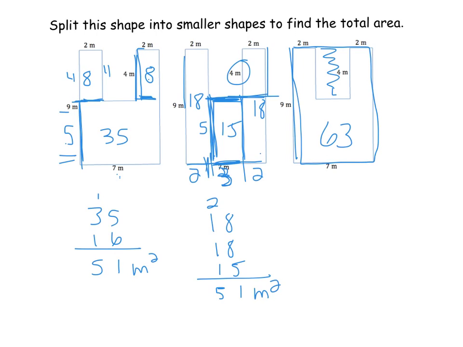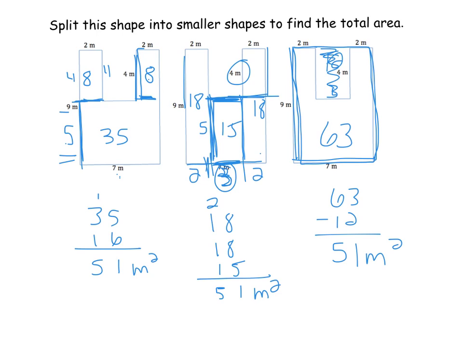So 4 times 3, we found the 3 over here. 4 times 3 is 12, so 63 minus 12 also gives us 51 meters squared. So the first 2 ways, we split it into smaller shapes and added them up. And the last way, we made one big shape and then took away the piece that wasn't part of it.